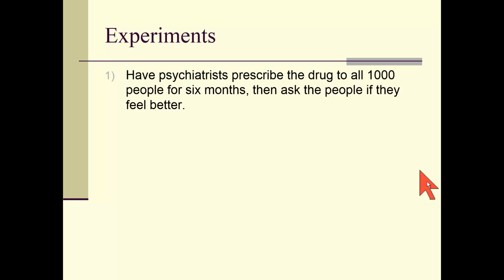There's a huge problem here, several huge problems actually, but the main one is we have no basis for comparison. If most of the people at the end of 6 months say they feel better, how do we know that they would not have already felt better if they had not taken the drug at all?